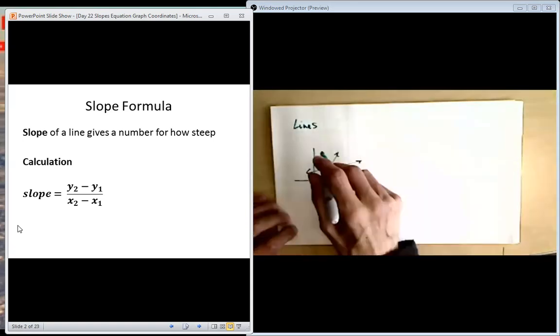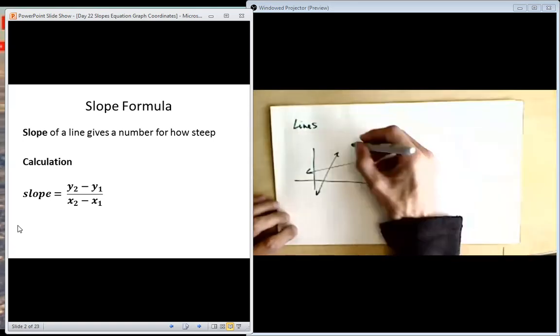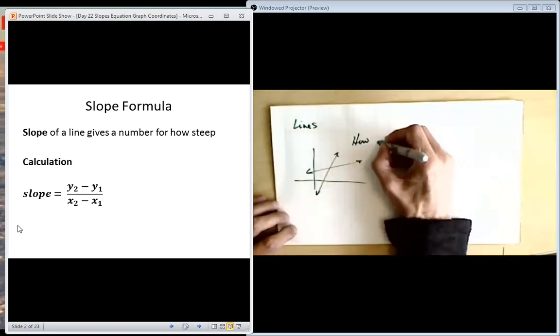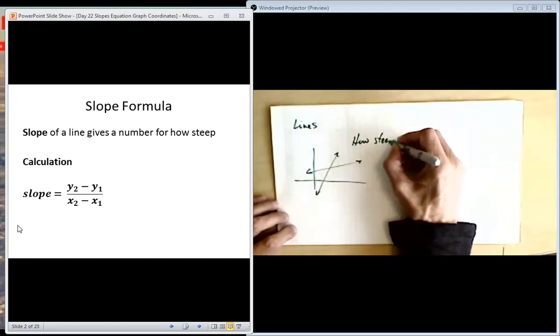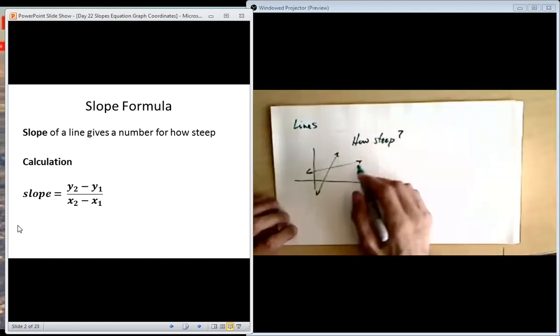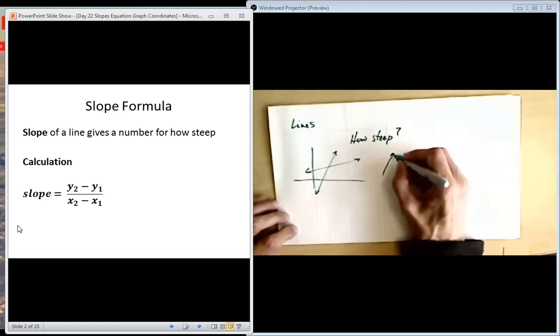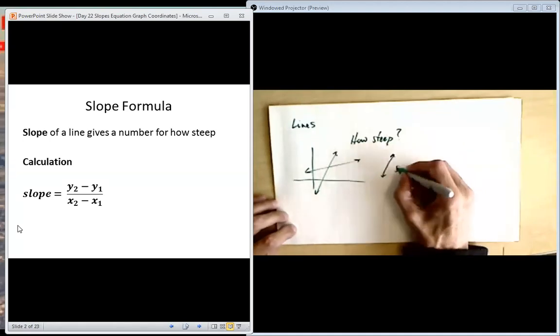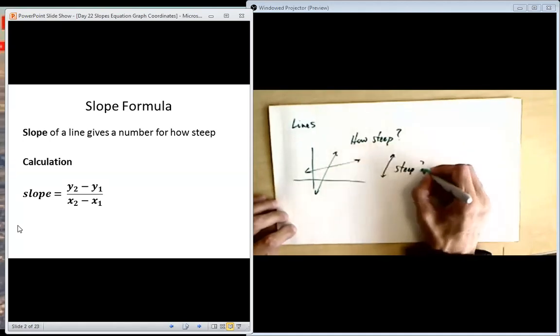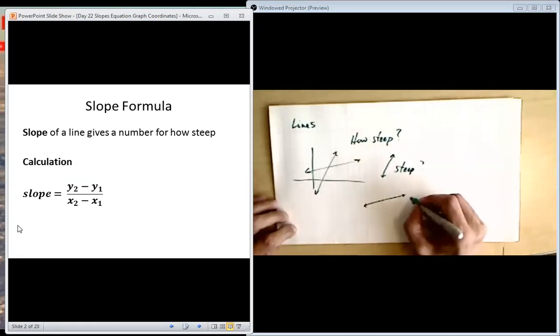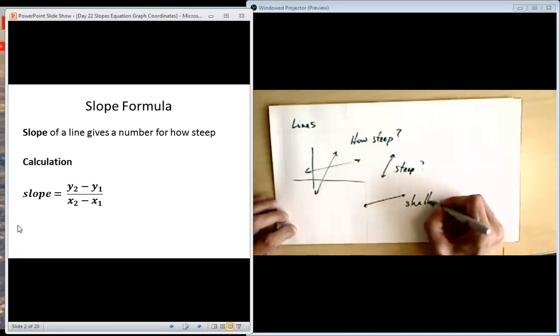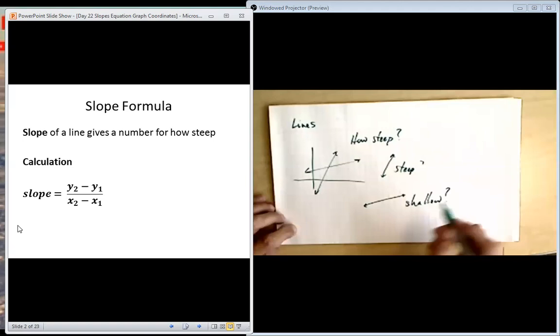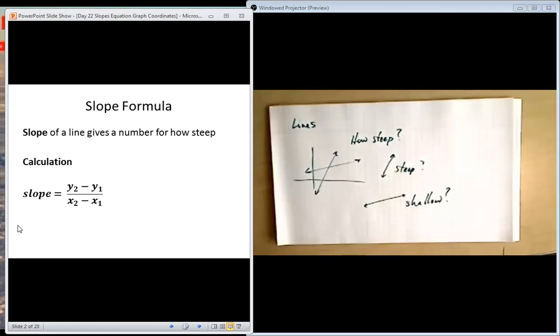How steep is one feature that we can look at. Does it go up very quickly? Is it like that? Or does it take a long time to get going? Is it like this? Okay, so this formula here helps make that happen.